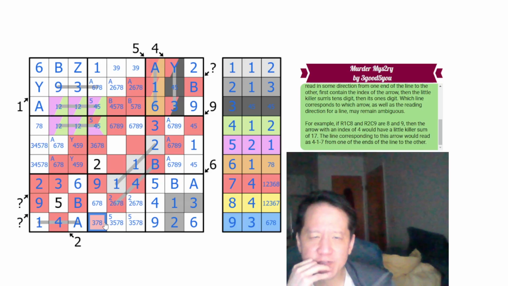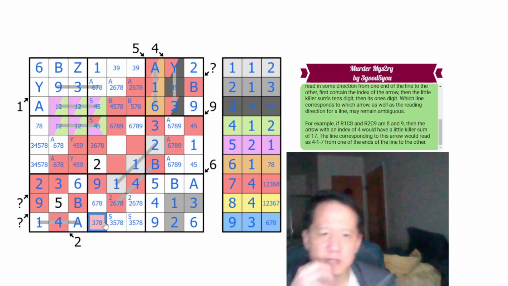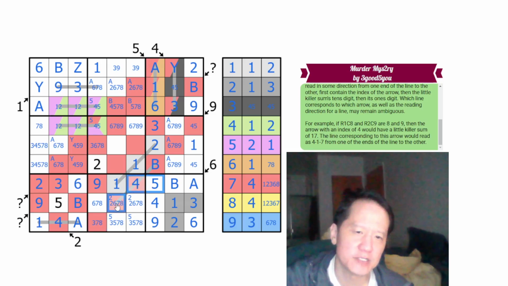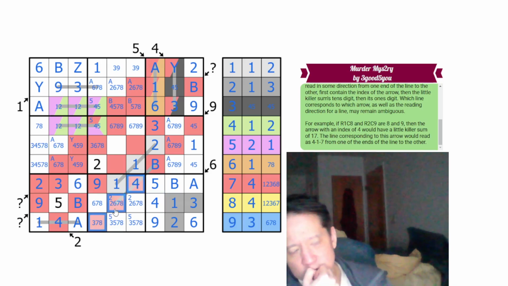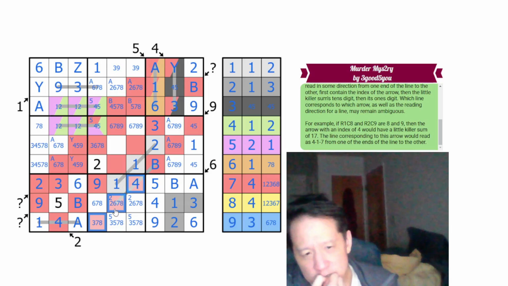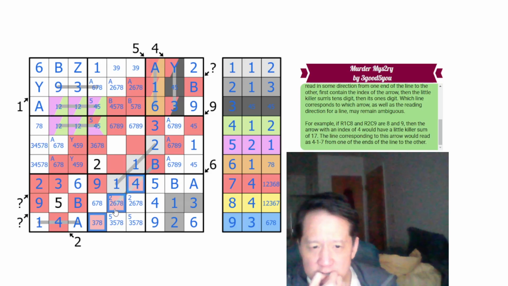That means it's 5, 8, 9 at most, which is 22. But this could be any combination of factors here, so this is fine. We don't know which is which.